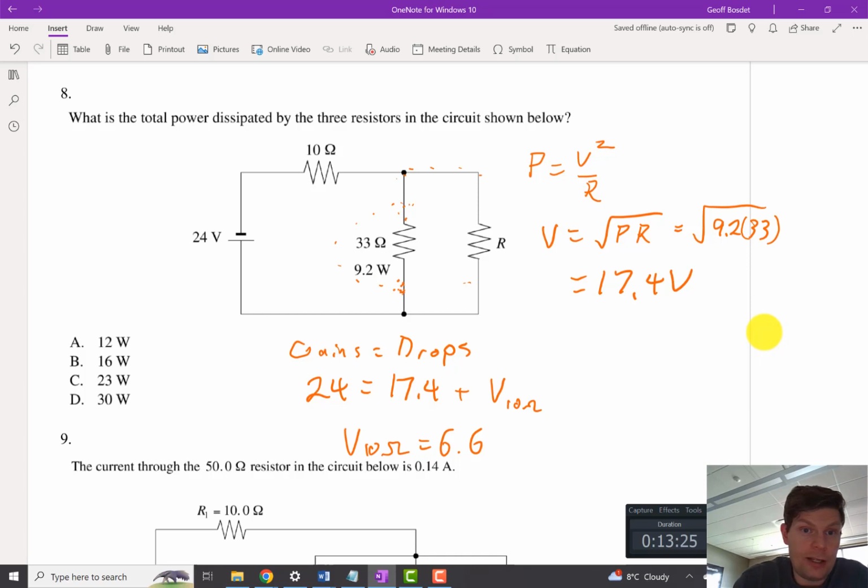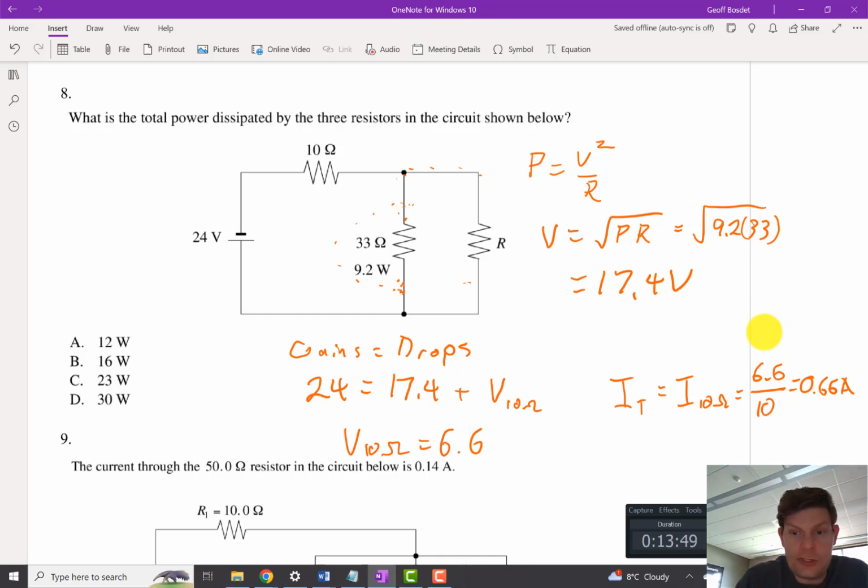Now, if I know that, and I know it's 10 ohms there, I can find the current through the 10 ohm, which is just equal to my total current. That would be the voltage drop across it, which is 6.6, divided by its resistance, which is 10. So I know it's 0.66 amps is my total current.